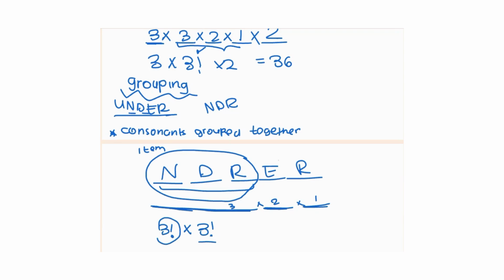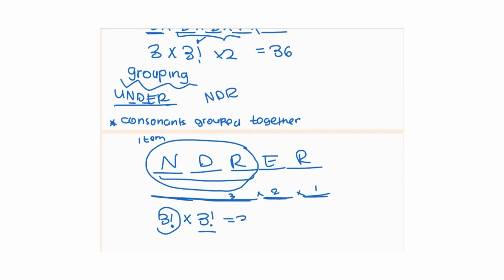So now 3 factorial times 3 factorial, because we have 3 spaces. That's 36.